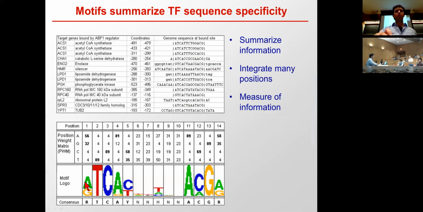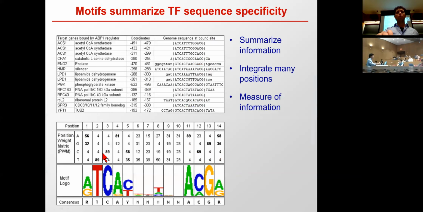But maybe in practice, every time I see an A here, I always see an A here and a C here. And every time I see a G, I see a T and a G. But then they don't mix and match. Everybody sees that? Raise your hands if you see that. Great. So PWMs assume independence. And that's okay most of the time. Some of the time, it's not okay.